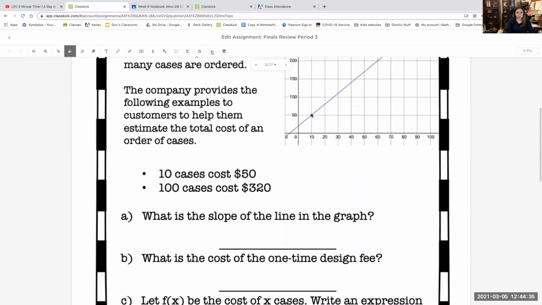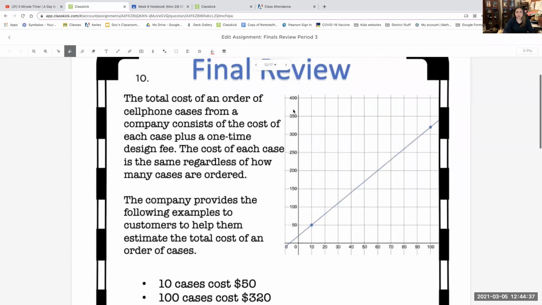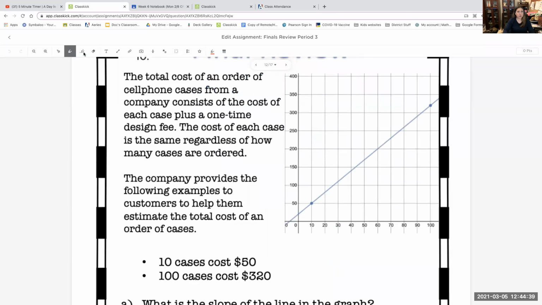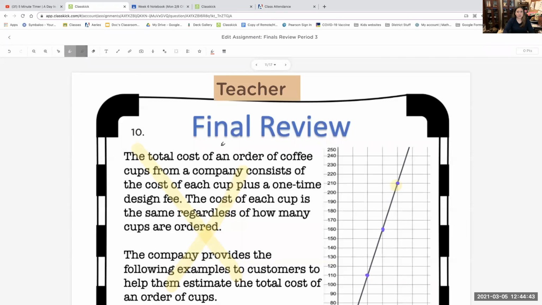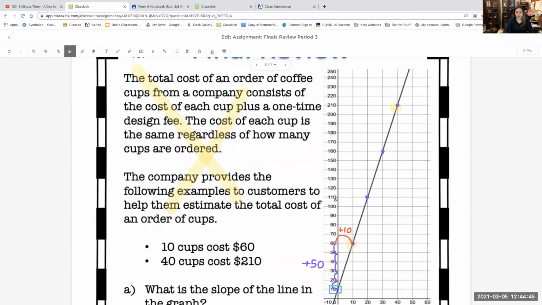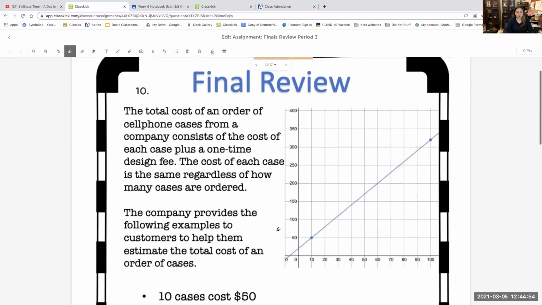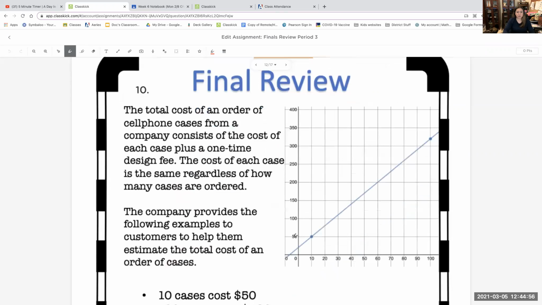Okay, YouTube. So make sure when you're doing yours, you're noticing mine went by tens. So that's why I said 10, 20, 30, 40, 50. Yours on your side is not going by tens. What's it going by?